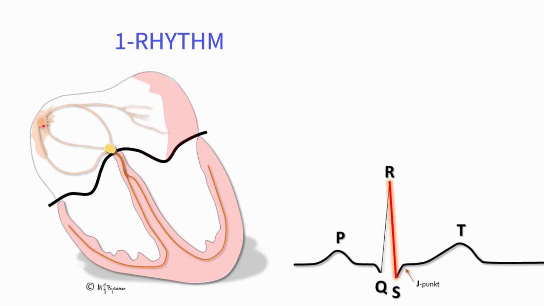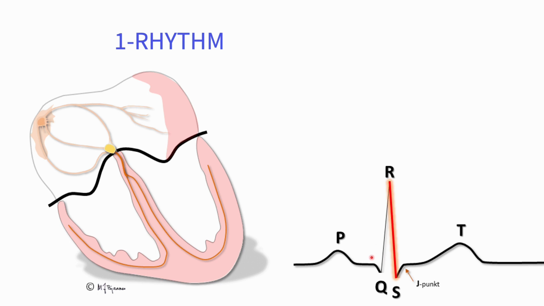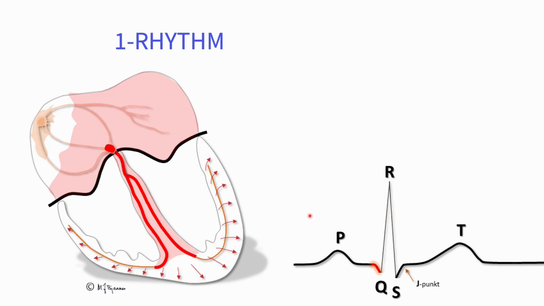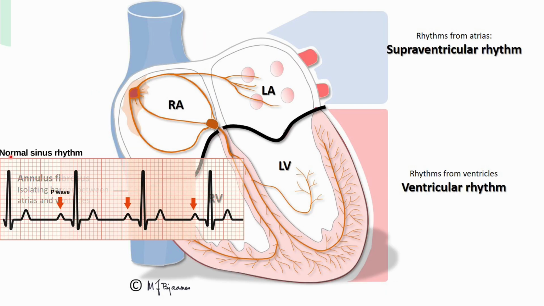If the SA node is pacing the heart, which is the normal, then every QRS will be preceded by a P wave. It means that ventricular action potential is a result of SA nodal depolarization. So a normal sinus rhythm means it's the sinus, means it's normal.